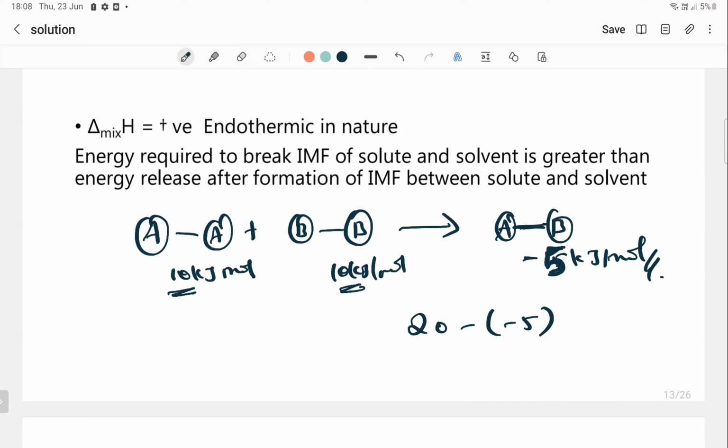Chemical bonding. Have you studied the chemical bonding chapter, right? Thermodynamics. In chemical bonding you studied hybridization and valence bond theory.